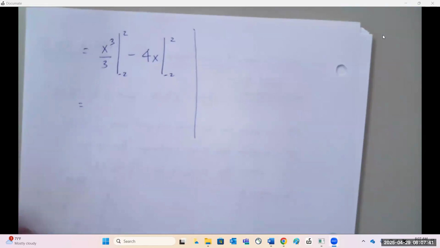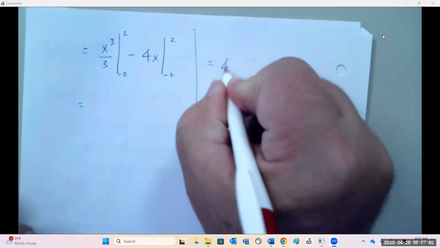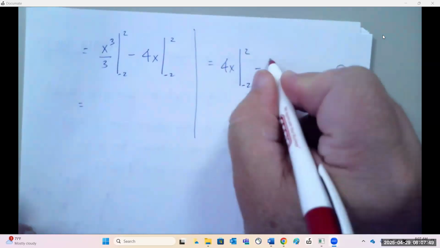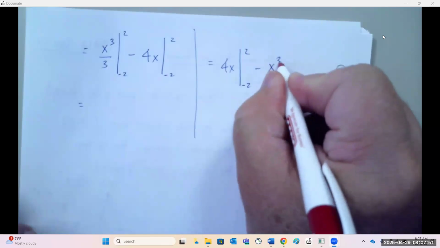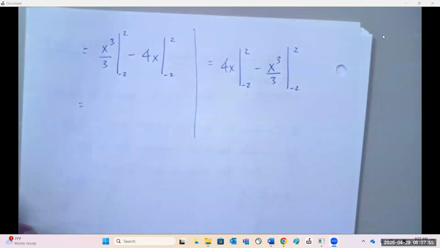So the first one becomes x cubed over 3 from -2 to 2 minus 4x from -2 to 2. And the other side becomes 4x from -2 to 2 minus x cubed over 3 from -2 to 2.